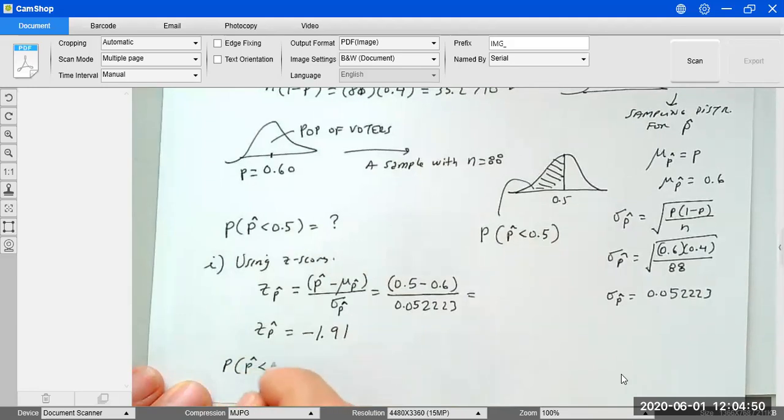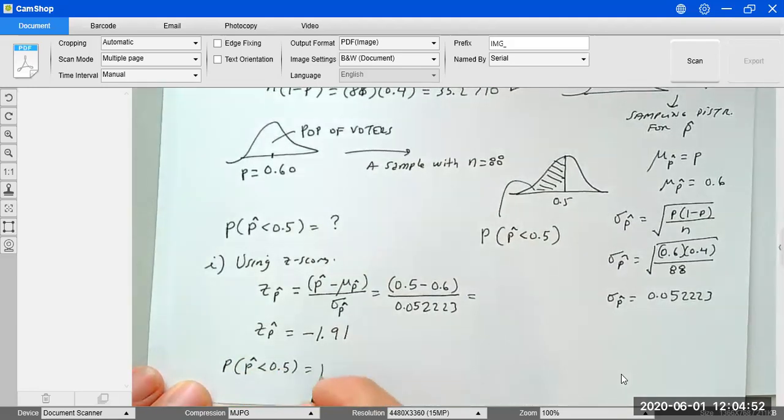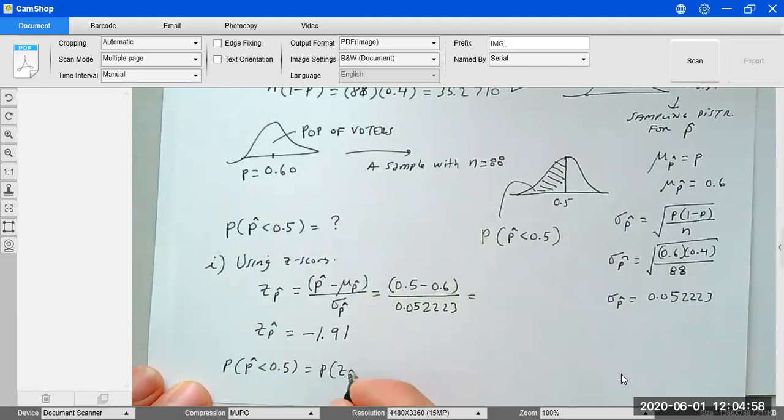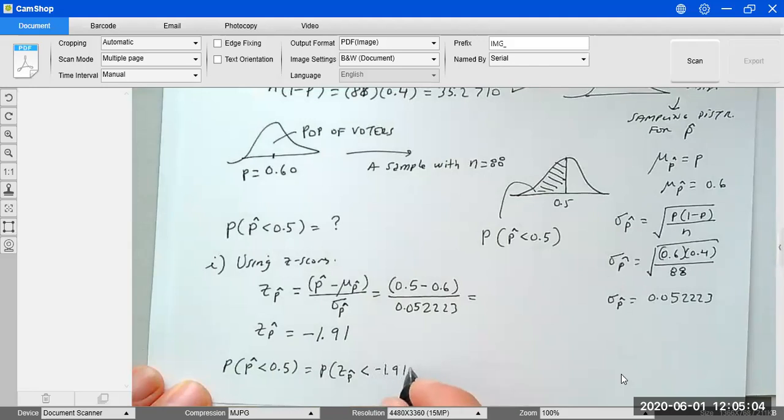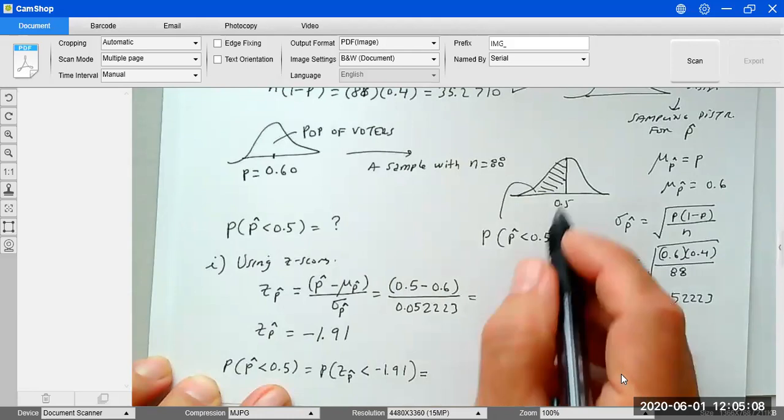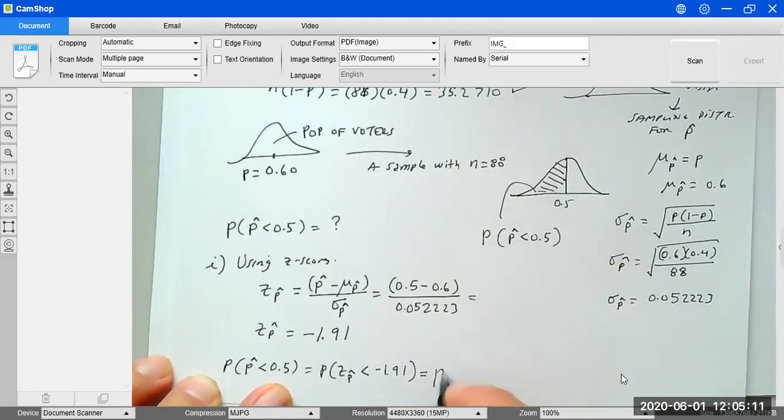So finally, the probability that p hat is less than 0.5 is equal to the probability that the z-score for p hat is less than negative 1.91. So this is just the area on the left, so it's directly p norm of z of p hat.